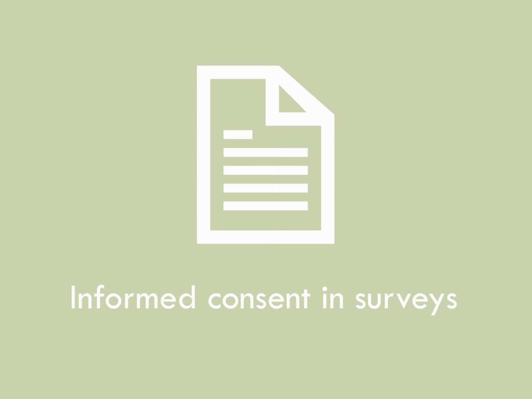When conducting an anonymous survey, we will begin the survey with a paragraph that provides the information described earlier. An individual's decision to complete the survey is taken as their consent.